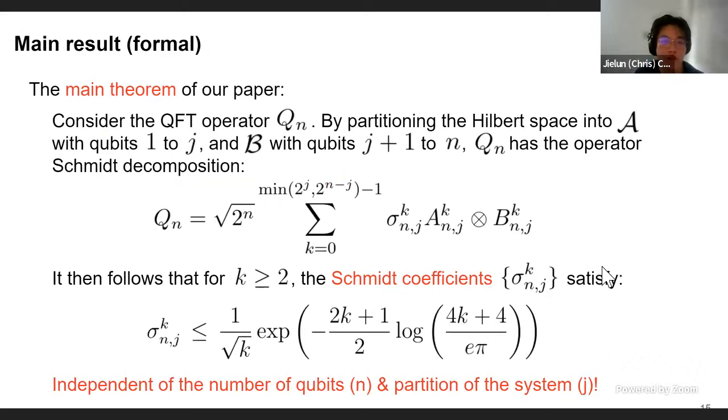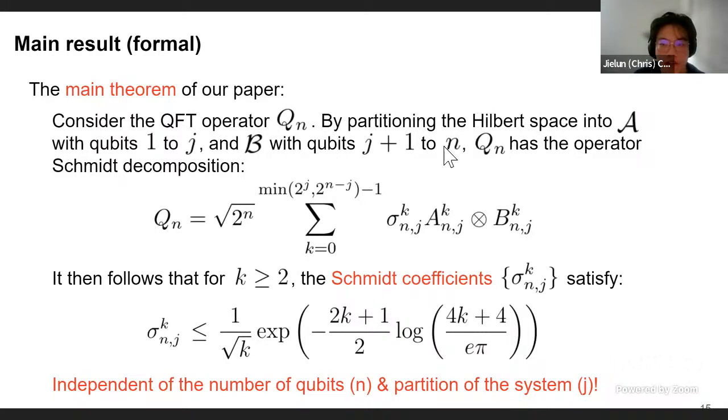So for the main theorem of the paper, to state it more formally, we're considering the Schmidt decomposition of the operator Qn, and we choose a partition of our operator where the first subsystem A consists of qubits 1 to j, and the other subsystem B consists of qubits j plus 1 to n.